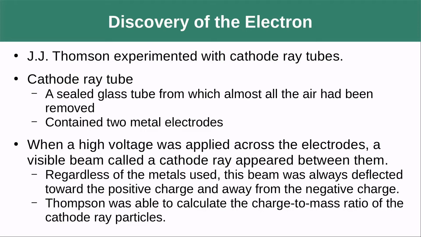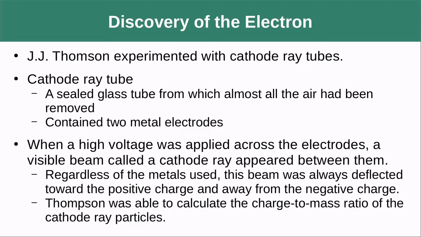When you do that, something called a cathode ray appears between the 2 electrodes. These were used widely in the past for CRT televisions, those old school televisions, where a cathode ray tube was used to focus the cathode ray onto the glass to make the image.